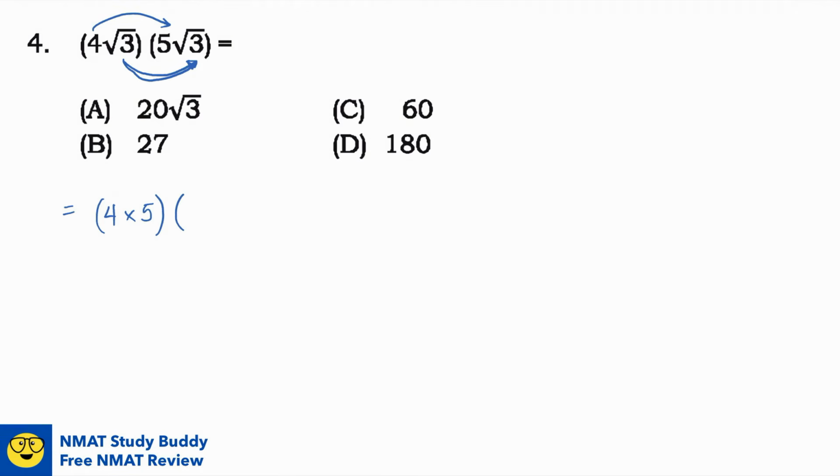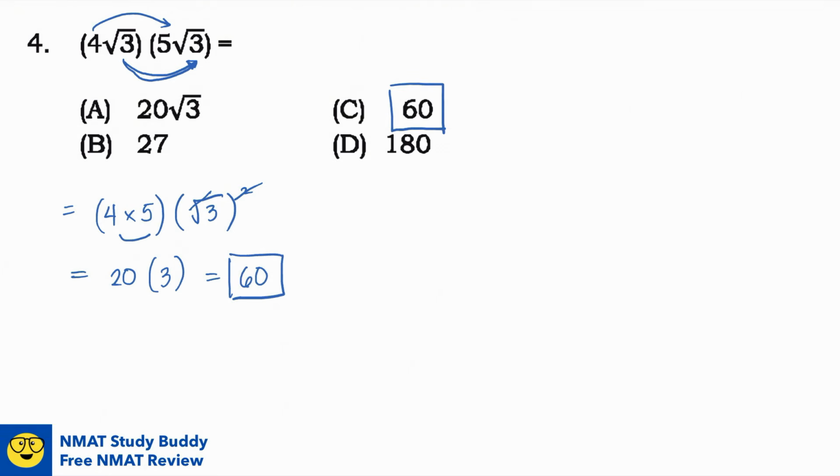So, square root of 3 times square root of 3 is equal to square root of 3 squared. So, 4 times 5 is 20 times, so since naka-square root to, makakancel yung square root and mawawala yung exponent na 2. So, magiging 3 na lang siya. So, 20 times 3 is equal to 60. So, ito yung final answer, 60.